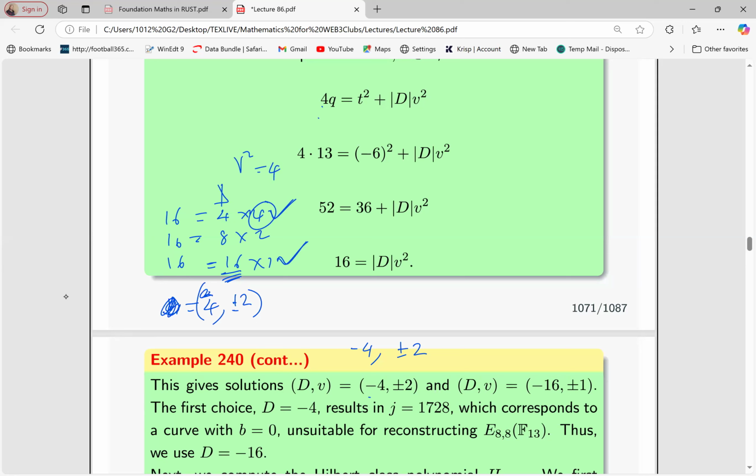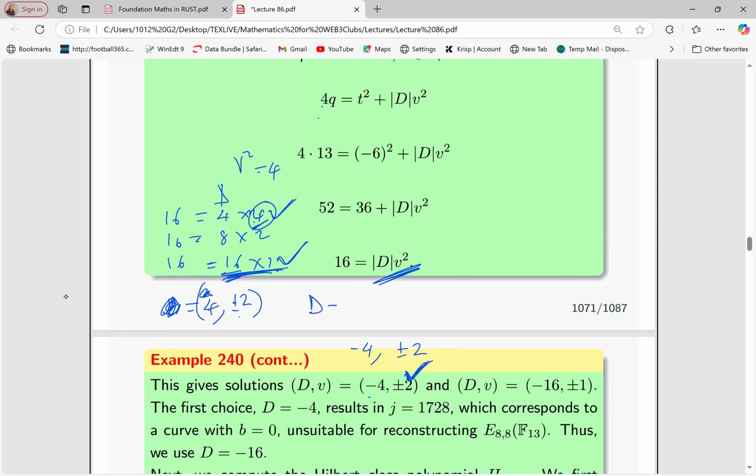So D can be 4 and V square is 4. If V square is 4, then V is the square root of 4, which is plus or minus 2. So that is one way. I've chosen that, and the other way is this one.